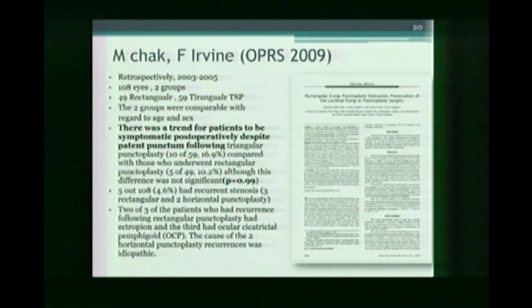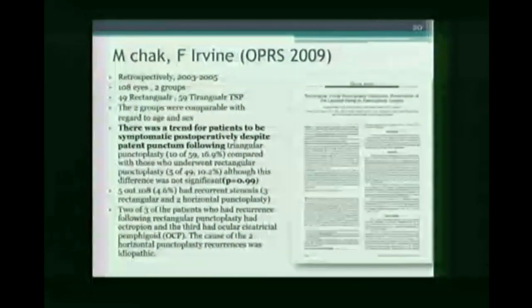In contrast, 10% with the rectangular, but again, results were not statistically significant, and that's why they said there was a trend. 5% of their patients had recurrent stenosis, but some of those had OCP, and we know the chronicity of the disease, and another patient had an ectropion, and this tells you that the inclusion and exclusion criteria were not very well defined.